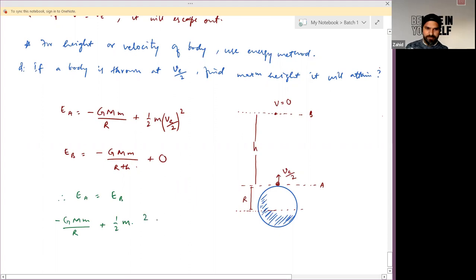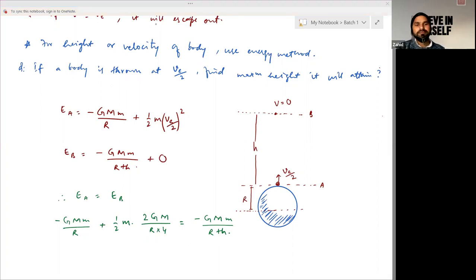So it will be 2GM by R divided by 2 on squaring will become 4, equals minus GMm by R plus H. So just simplify this equation to find H. Try to solve. Find H in terms of capital R. The rest of the terms will cancel out.